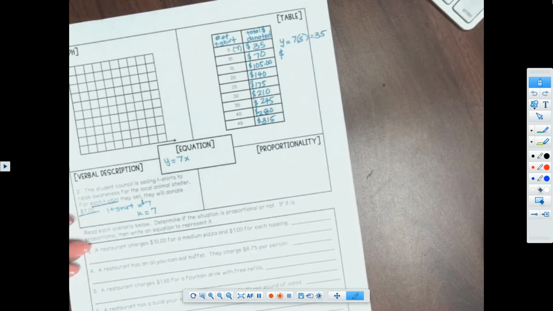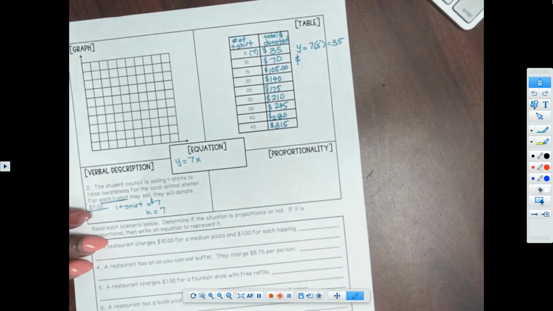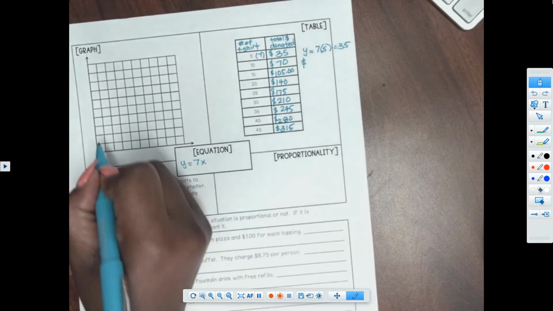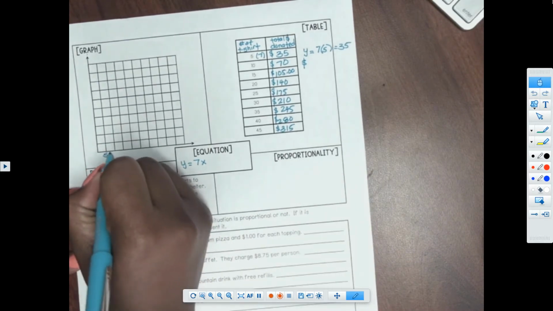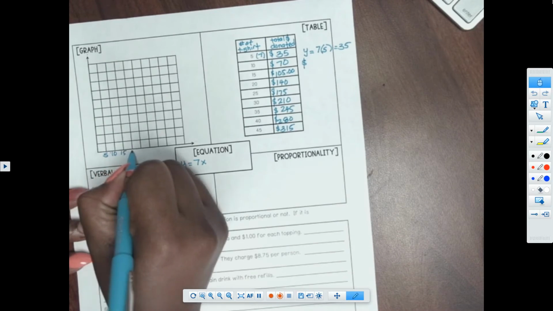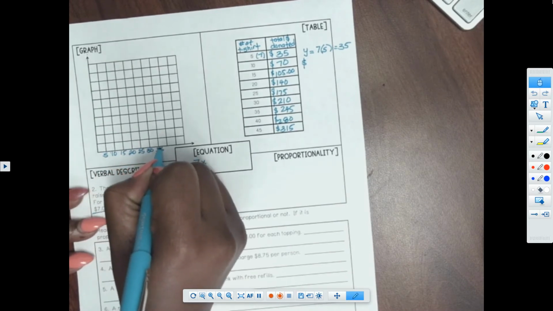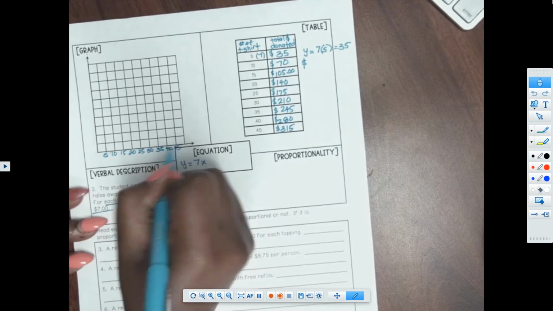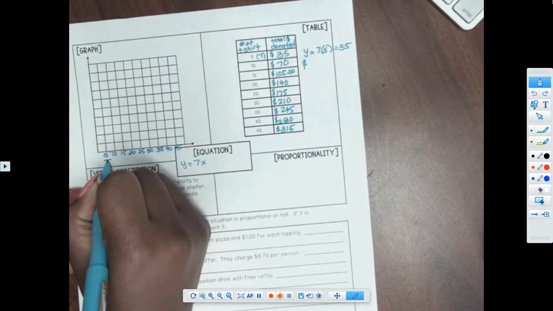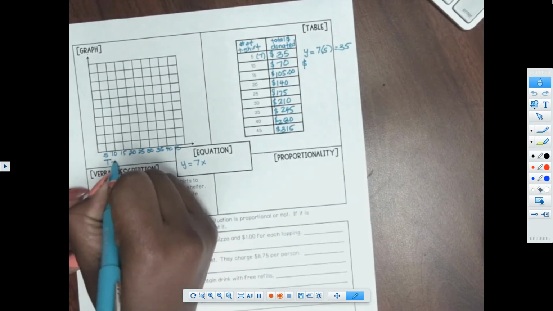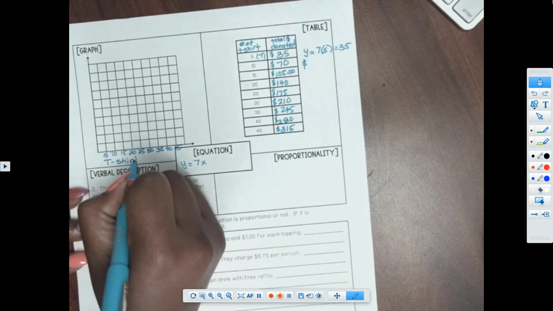Okay. And then I take all of that and I plot it on my graph, right? So note I said 5, 10, 15, 20, 25, 30, 35, 40, 45. Notice that I label my graphs, okay?